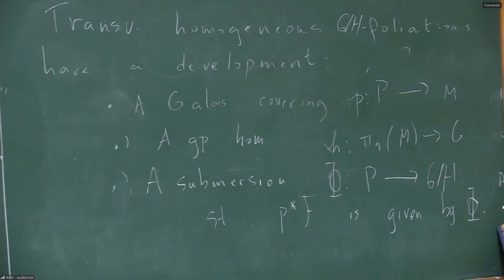One nice corollary is that these foliations on manifolds which are simply connected are always given by submersions. Okay, because this will be the identity.